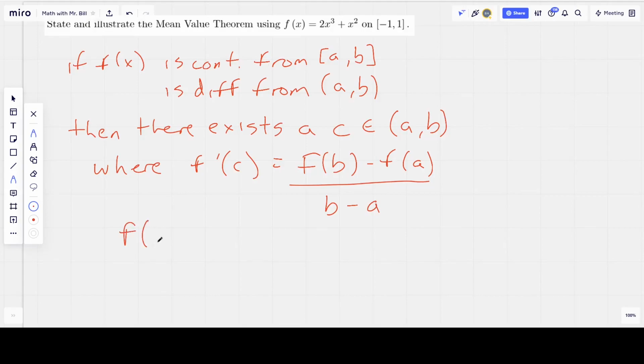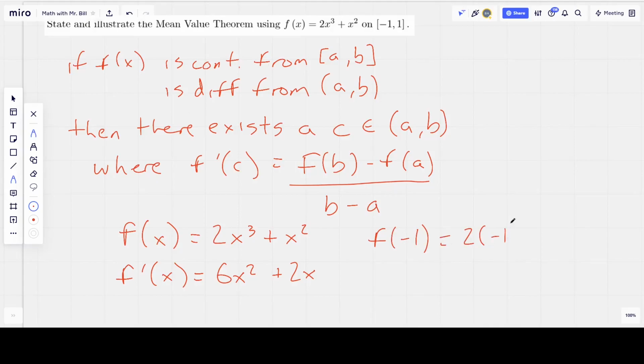So we've got f of x is equal to 2x cubed plus x squared. The derivative, f prime of x, is going to be equal to 6x squared plus 2x. And then we need to find the endpoints. So f of -1 is equal to 2 times -1 cubed plus -1 squared.